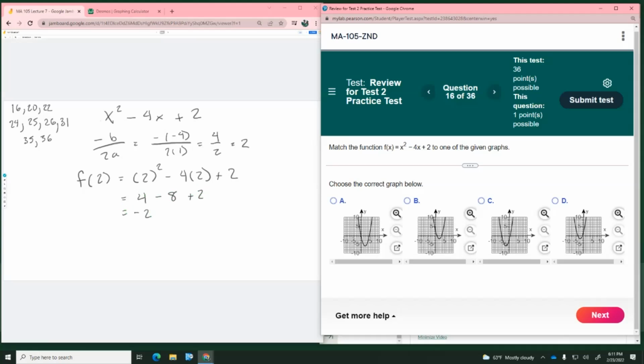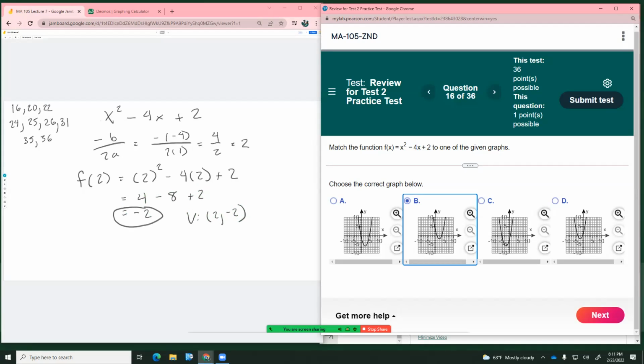Sorry, that was 6 minus 8 is what I did. And then there we go. So the vertex has to be at the point 2, negative 2. All right, we good? All right, so now I know that the vertex is at 2, negative 2. All I got to do is figure out which one it is, and it looks like it's B. Y'all see how quick that was? Really doesn't have to be super duper complicated.